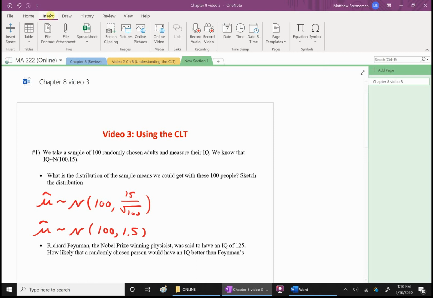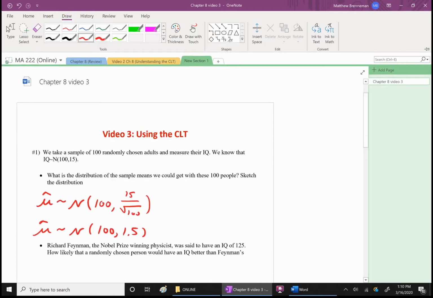So let's go ahead and sketch out what this looks like. So our mean is 100, and I'm going to step out in units of standard deviation. Remember, this is mu hat.